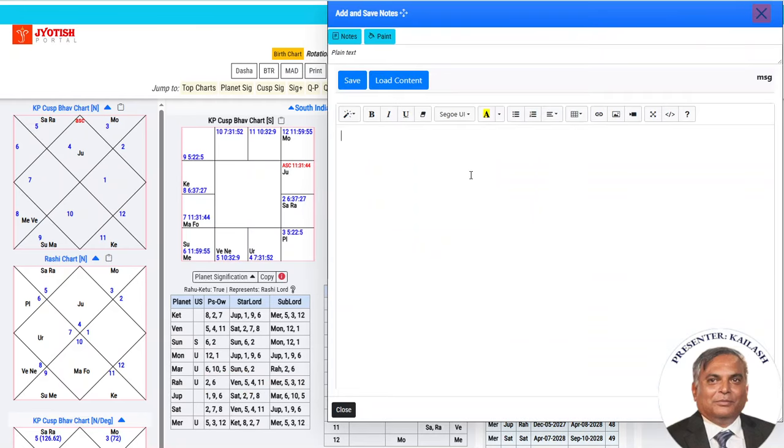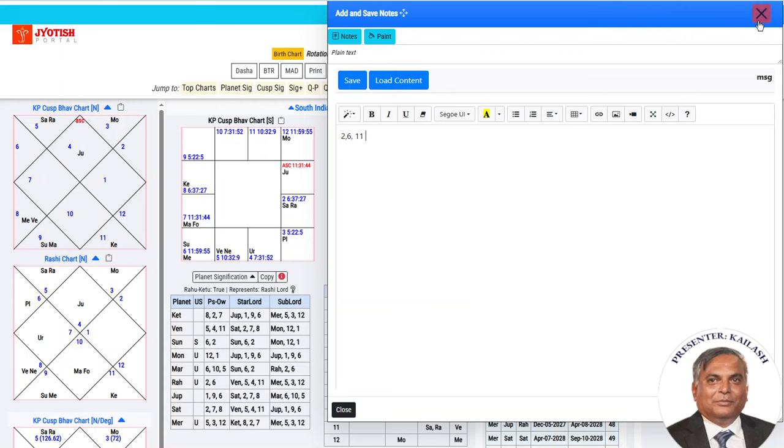Because in KP, the 2, 6 and 11, these houses are very strong, very positive, and they indicate financially a very good phase. But contrary to this, my friend told me that this horoscope is going through an unexpected bad financial phase.